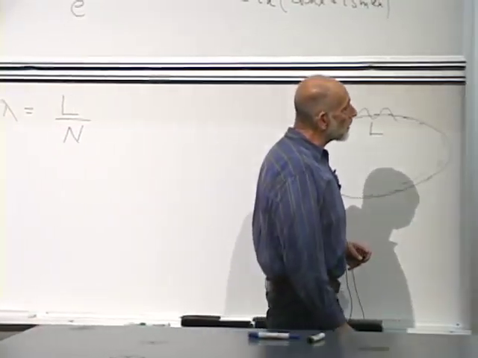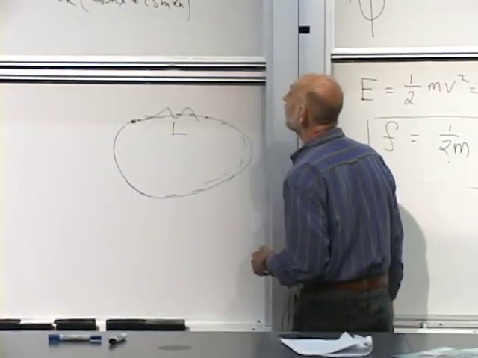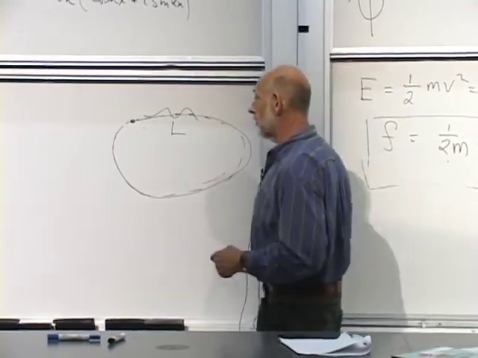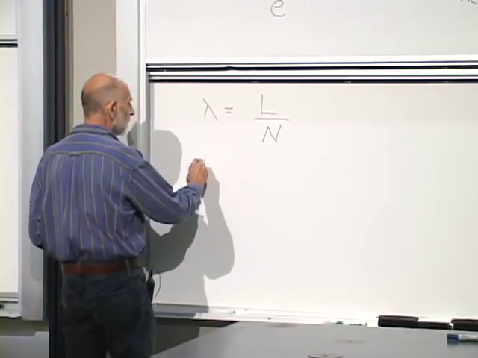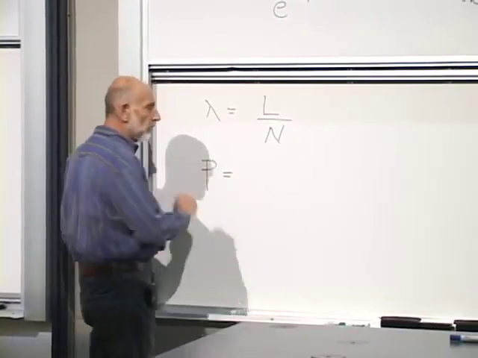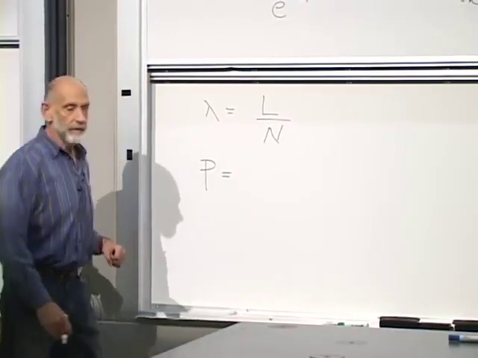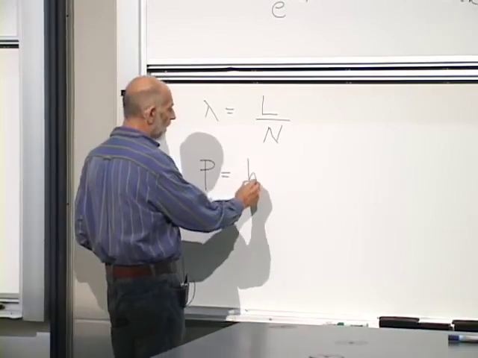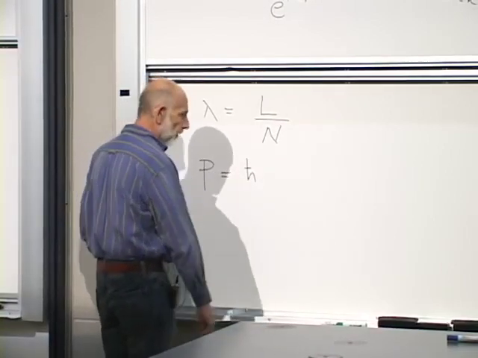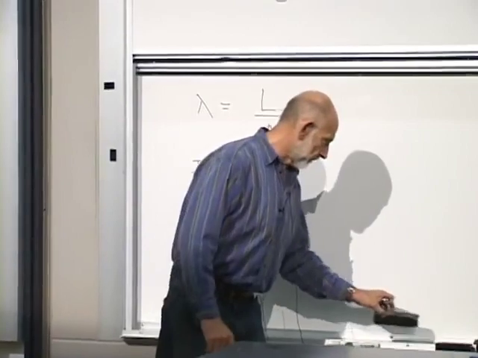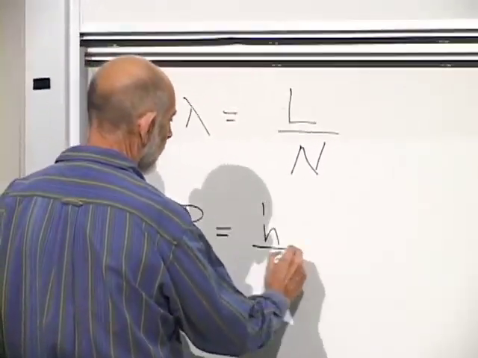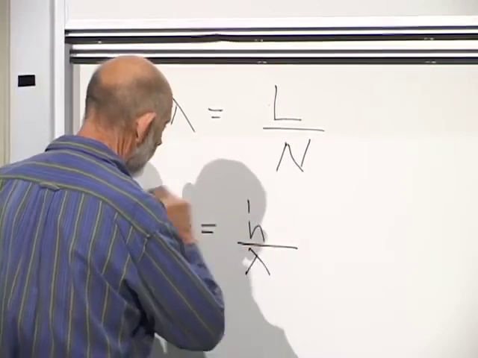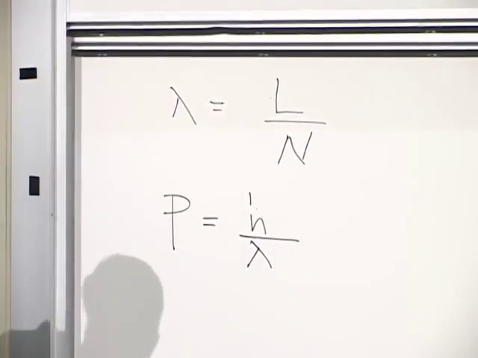Now we had an equation here somewhere for momentum in terms of wavelength. What was it? Momentum was equal to h over lambda. P is equal to h over lambda.